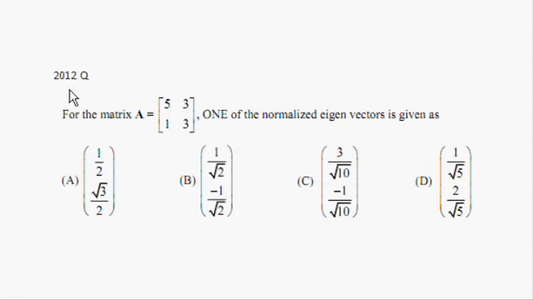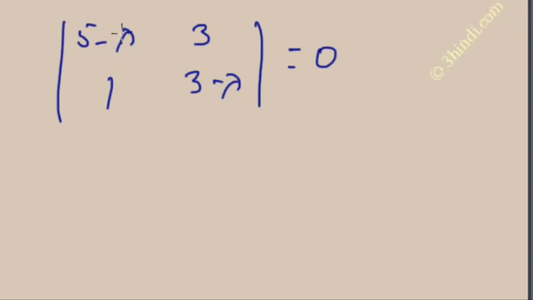This is the 2012 question. For the matrix A, one of the normalized eigenvectors is given as this. So here again the question is about eigenvectors. To find the eigenvector, you first need to find the eigenvalues. It is a 2 by 2 matrix, so the number of eigenvalues is 2, and the procedure is the same. Put lambda in the diagonal elements and set the determinant equal to 0.